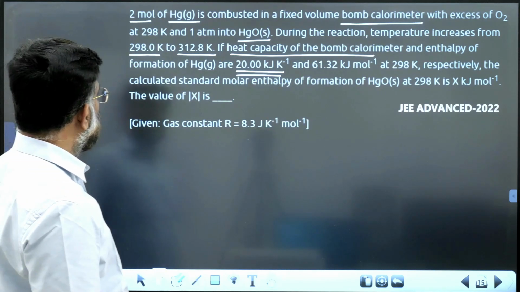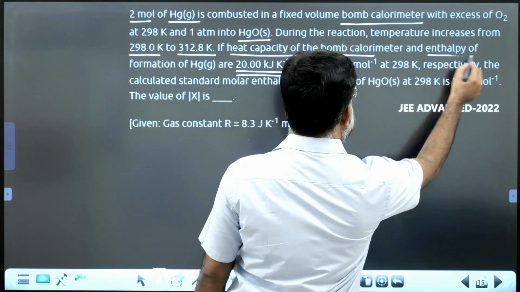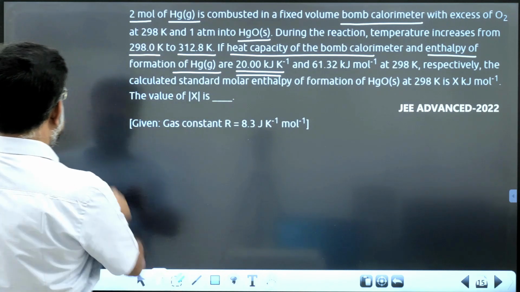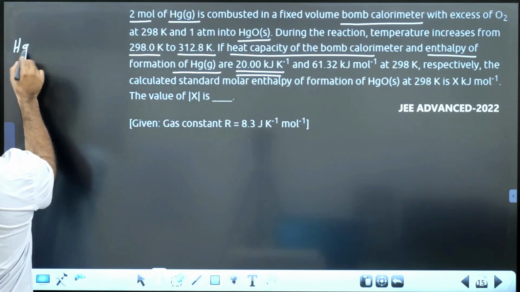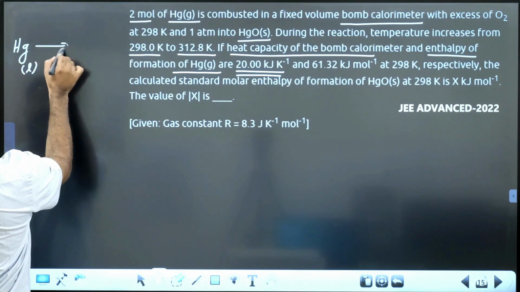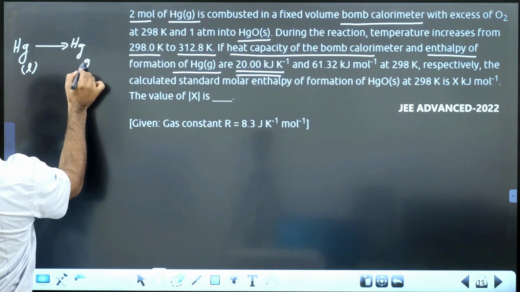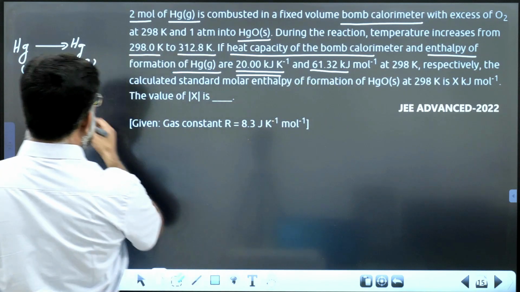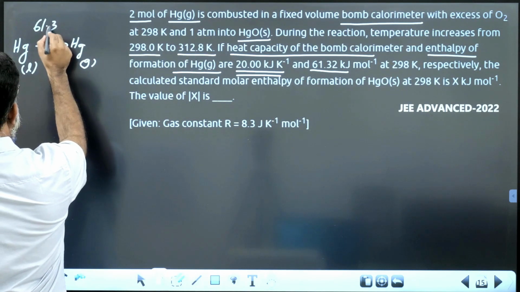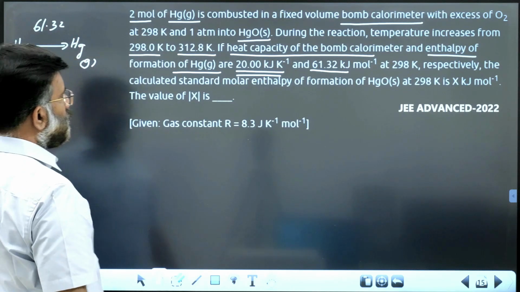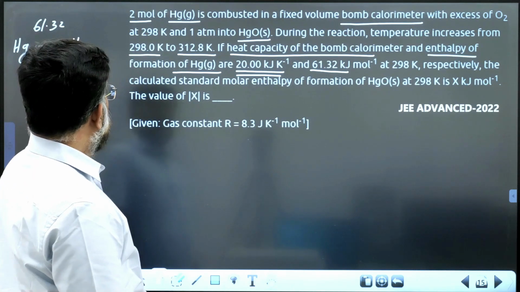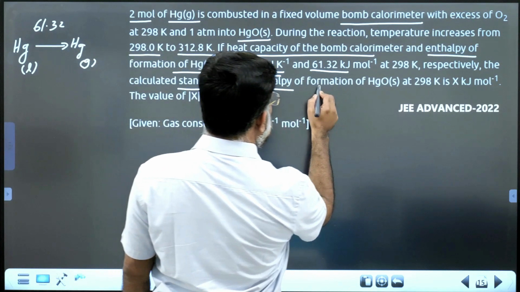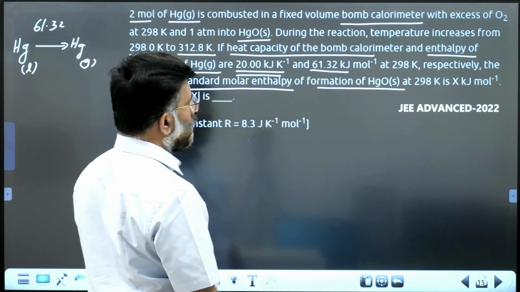And enthalpy of formation of Hg gas, which means Hg liquid converted to Hg gas, is given as 61.32 kilojoule per mole.